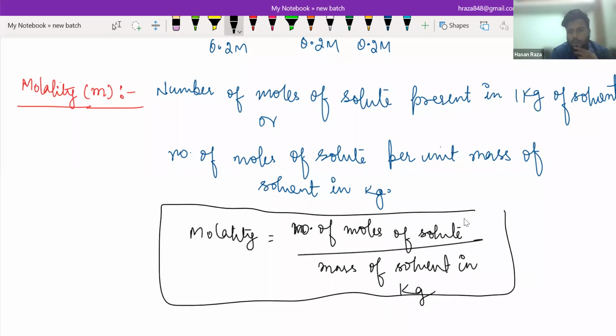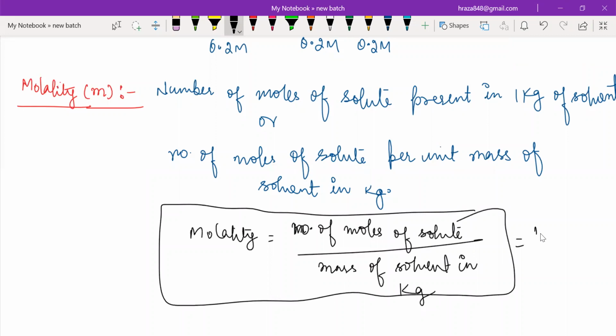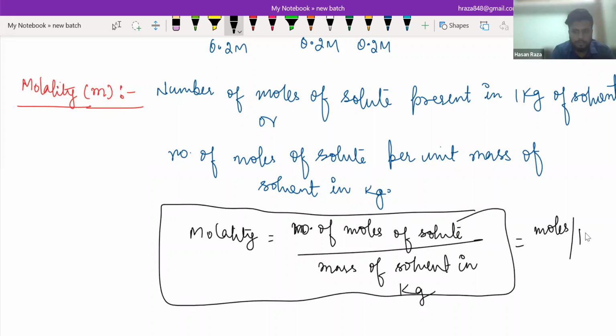In the molarity formula, we had number of moles of solute upon volume of solution in liter, but in molality, we have number of moles of solute as it is in the numerator, but in the denominator we take mass of solvent in kg. And what about units? Moles per kg. Sorry, mol per kg, because it is mass in kg. Or directly we write a small m. That defines molality. Okay, please write it.